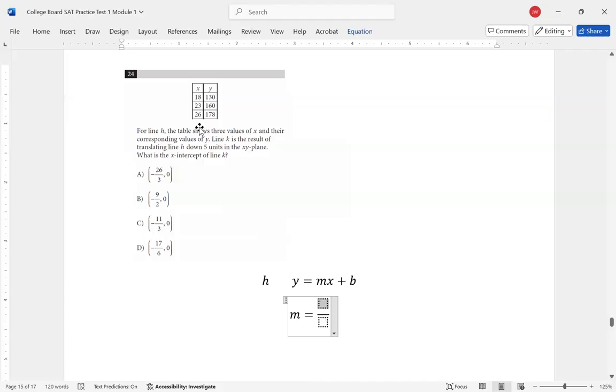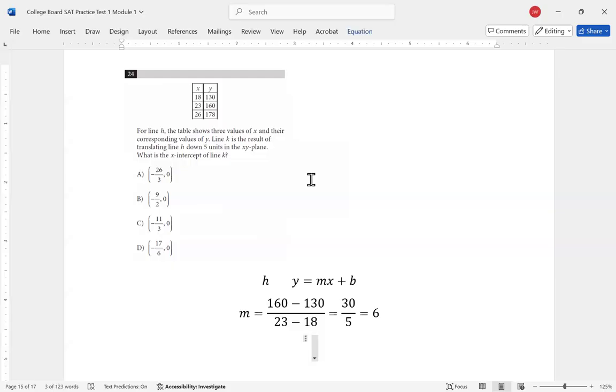If I look at the points it goes through, the point (18, 130) and (23, 160), the change in Y values would be 160 minus 130. The change in X values would be 23 minus 18. So that's 30 over 5, which is 6. So the slope of line H is going to be 6.